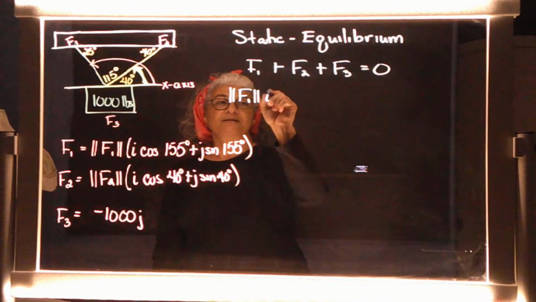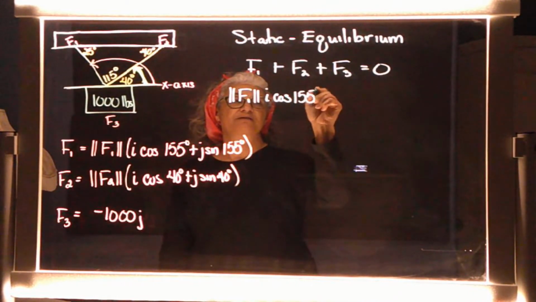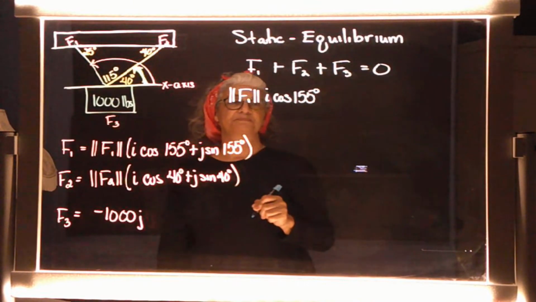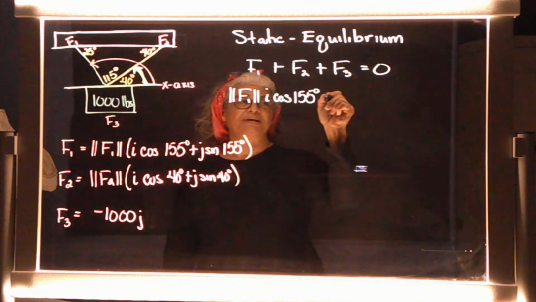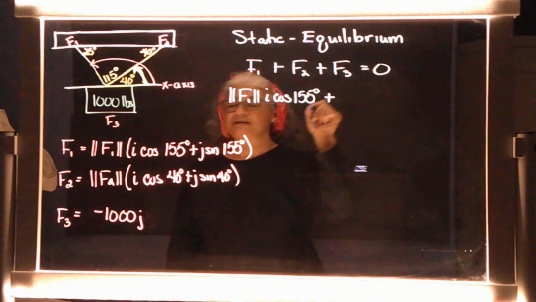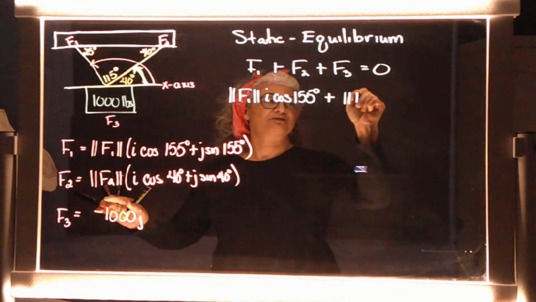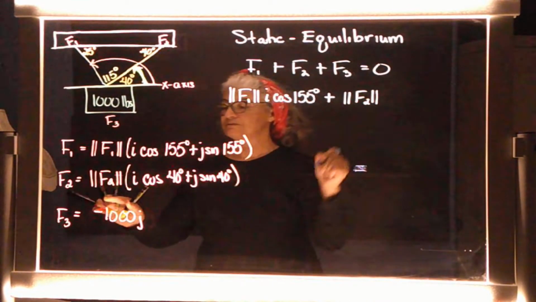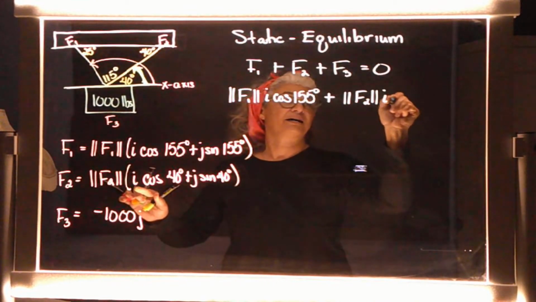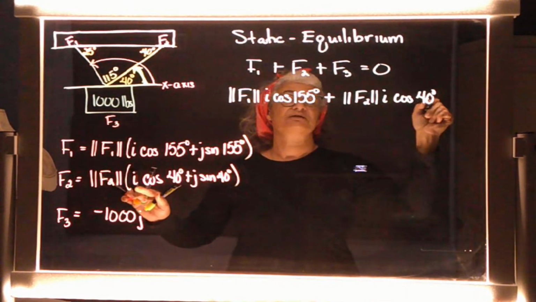So this is times I cosine of 155 degrees, right? But I can only add it to the other I, which would be the magnitude of F2 times I cosine of 40 degrees.